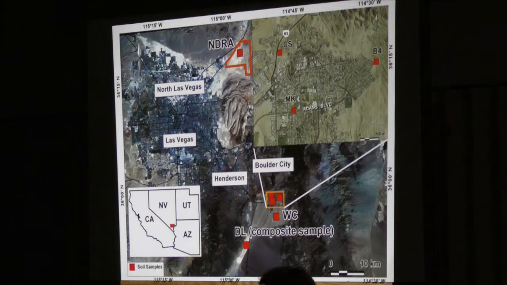We did the dry lake bed. And then we were asked to come up with a blank. Well, at that time, we had never had a sample yet that had not tested positive. So we went up to the Nellis Dunes recreation area because it's completely out of this basin, and there's no way there should be any amphibole fibers up there unless they blew there by wind. That whole basin is surrounded by limestone and sandstone.